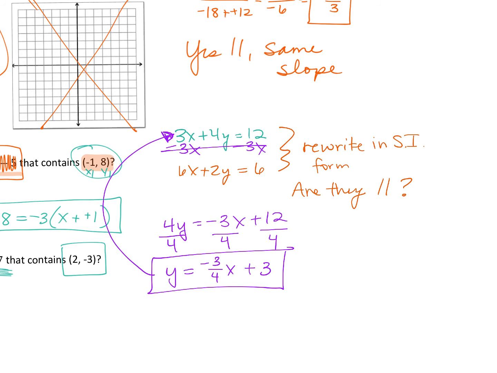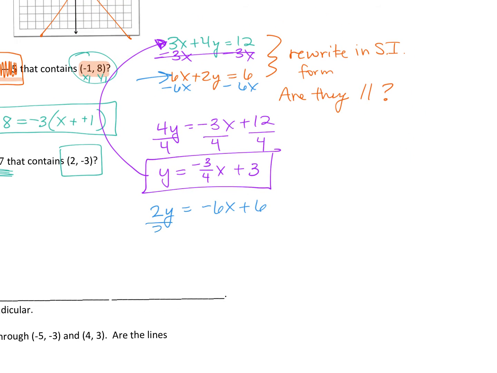Okay, then this one, isolate your y. If we take away 6x and take away 6x, you end up with 2y equals negative 6x plus 6. Now divide by 2. Divide by 2, divide by 2, and you get y equals negative 3x plus 3.